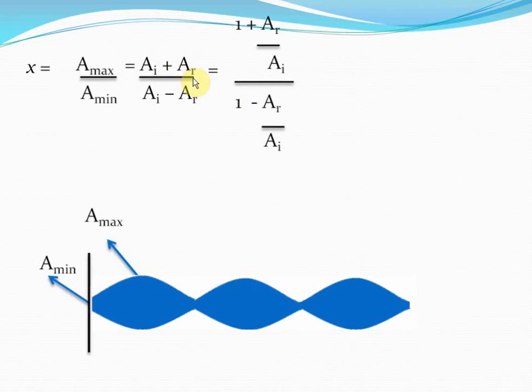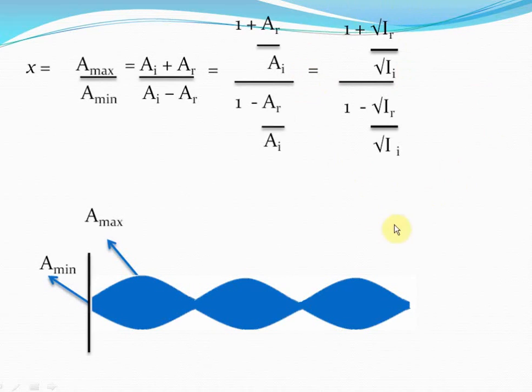Now we know that the intensity is proportional to the square of the amplitude. Therefore, we can replace AR by square root of IR, the intensity of the reflected wave, and we can replace AI by square root of II, the intensity of the incident wave. When we do this, this is what we get.